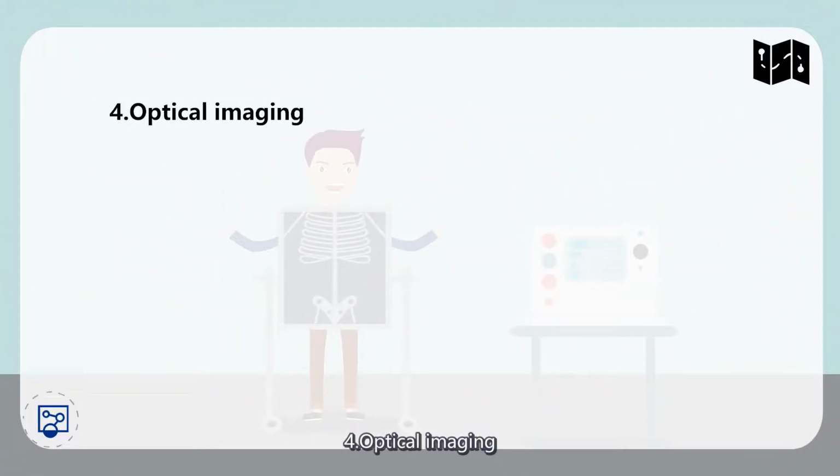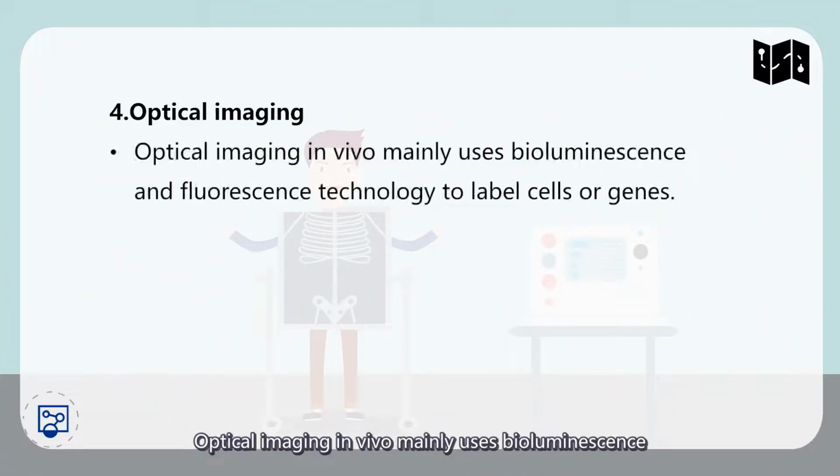The fourth, optic imaging. Optic imaging in vivo mainly uses bioluminescence or fluorescence technology to label cells or genes. Using a very sensitive optic detection instrument, we can directly and in real time observe the cell activity or gene behavior of the labeled cells and genes in vivo.